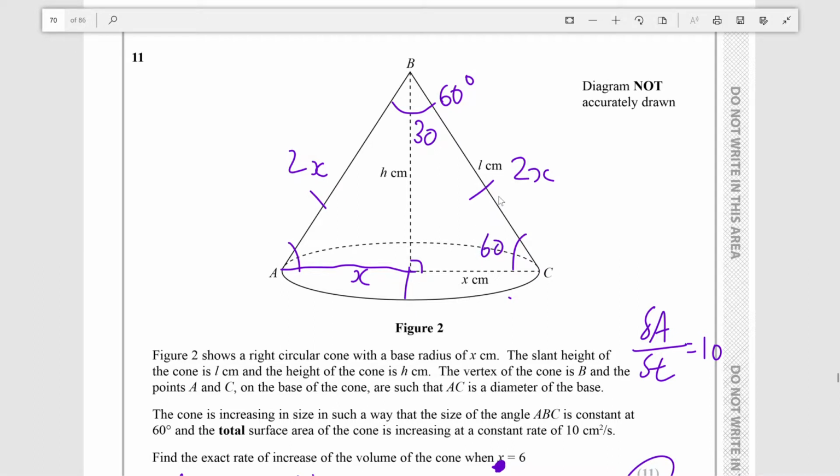And so the length L, since sine is opposite over hypotenuse, and this angle is 30, sine 30 must be x over L, so L must be x over sine 30, and L would be 2x.